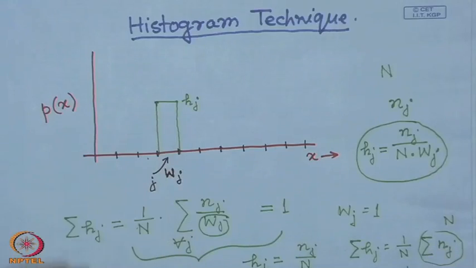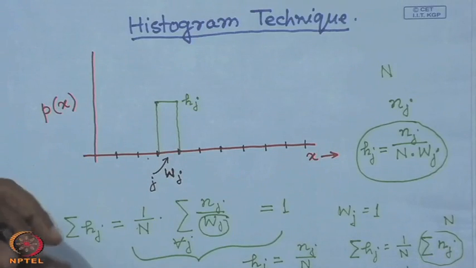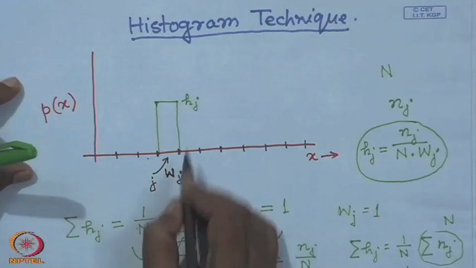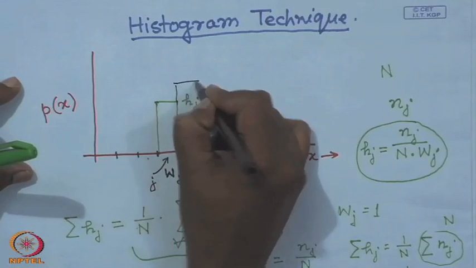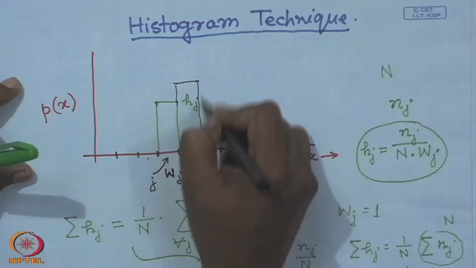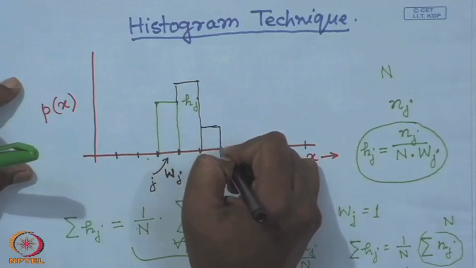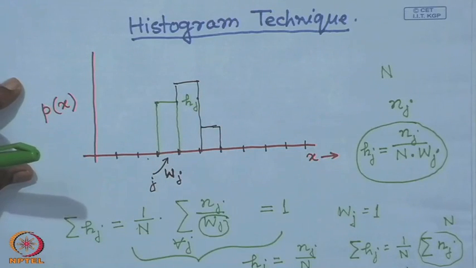So, once I have this kind of estimate, say this h j is the probability density for this jth interval, this is the probability density of the j plus first interval, this may be the probability density of the j plus second interval, and so on.